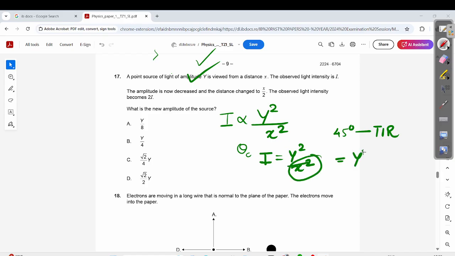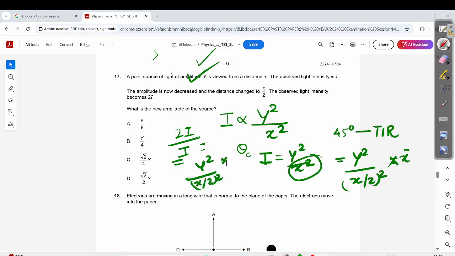So what will be the answer? The new intensity will be y2 square by x by 2 the whole square. So 2I by I is equal to y2 square by (x by 2) the whole square, into x square by y square.